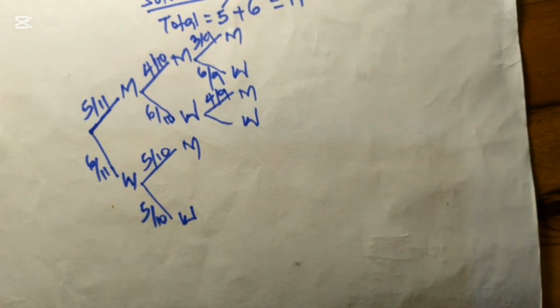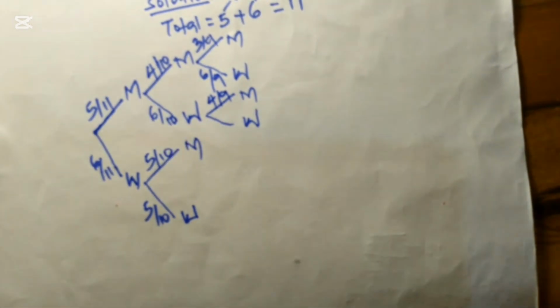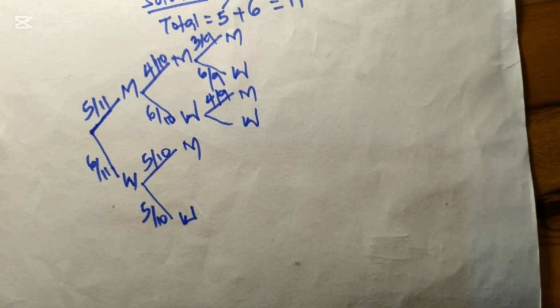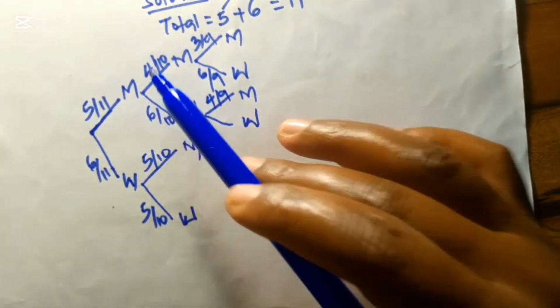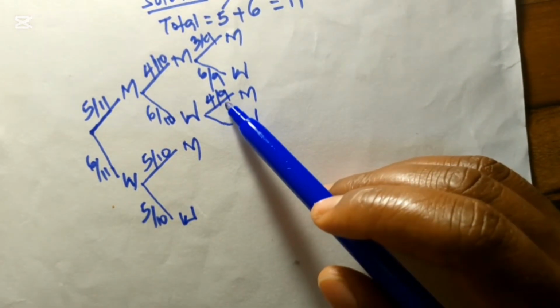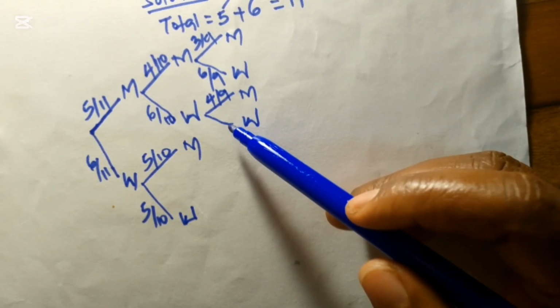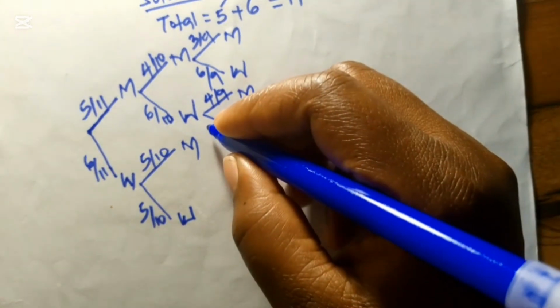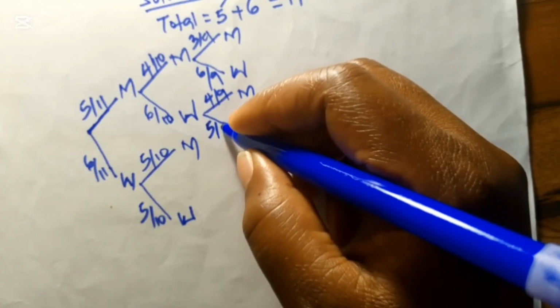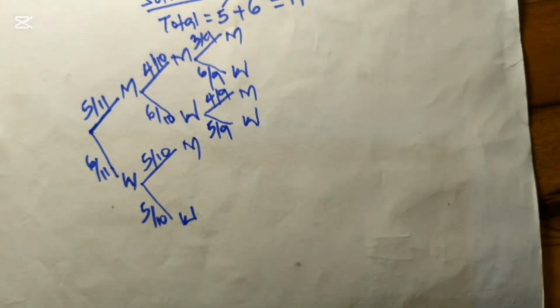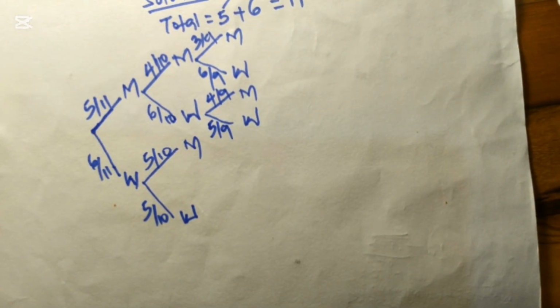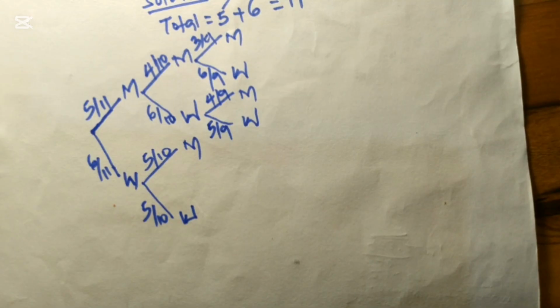Don't say 5, because remember in the second case, a man was picked and they remained 4. So, that is why we are saying 4. And then in this case, a woman is now picked. So we have 5 out of 9. Confirm your two fractions. 4 over 9 plus 5 over 9, 9 over 9, which is 1.